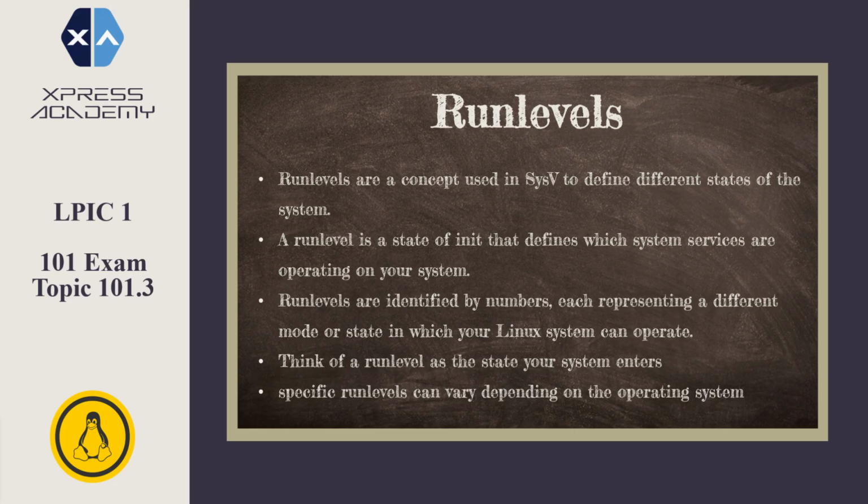A run level is a state of init that defines which system services are operating on your system. Run levels are identified by numbers, each representing a different mode or state in which your Linux system can operate. They play a crucial role in managing the Linux system.